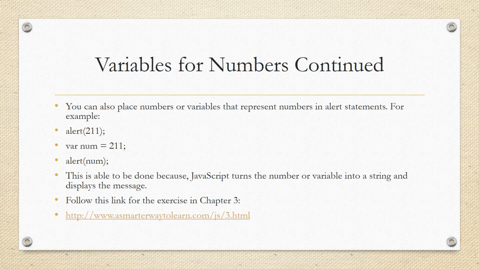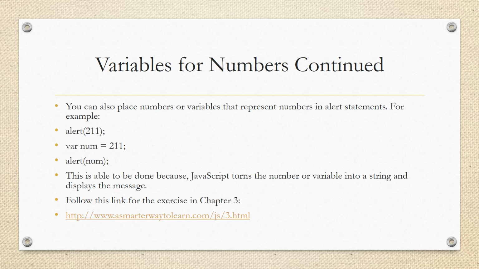Alright, you can also place numbers or variables that represent numbers in alert statements. So for example, var num equals 211. So you could use your variable num and put it in that alert statement, and it'll give you the value of 211. And you can also perform math on your variable in an alert statement, and it will pop up with your answer.